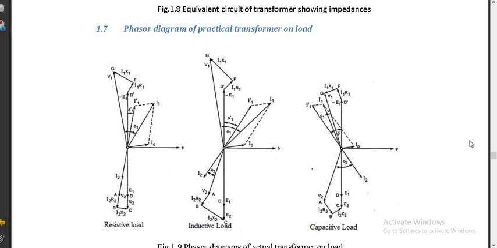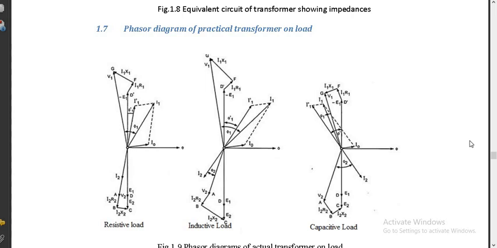E1 and E2 will be in the opposite direction. By Faraday's laws of electromagnetic induction, both these EMFs should oppose the cause producing them, and the cause is the applied voltage across the primary. So V1 is on the y-axis and E1 and E2 are in the fourth quadrant, that is the minus y-axis.